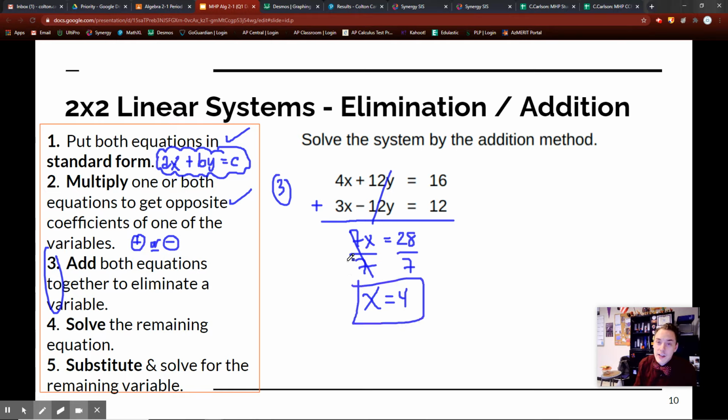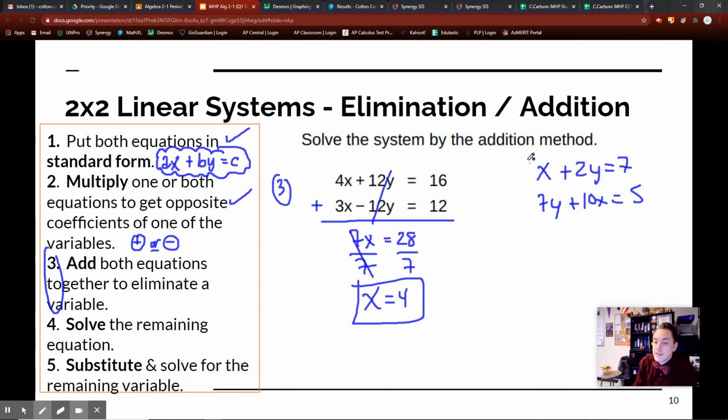I would definitely not use substitution on this method, because there's no variable that has a coefficient of 1 here. Usually when we do substitution, it's like x plus 2y equals 7, and then 7y plus 10x equals 5.